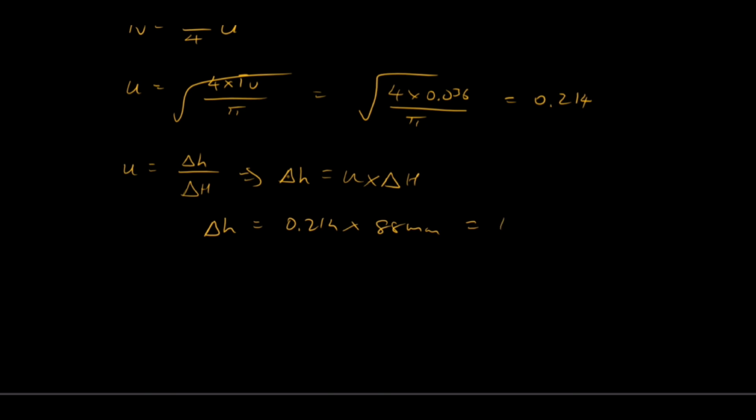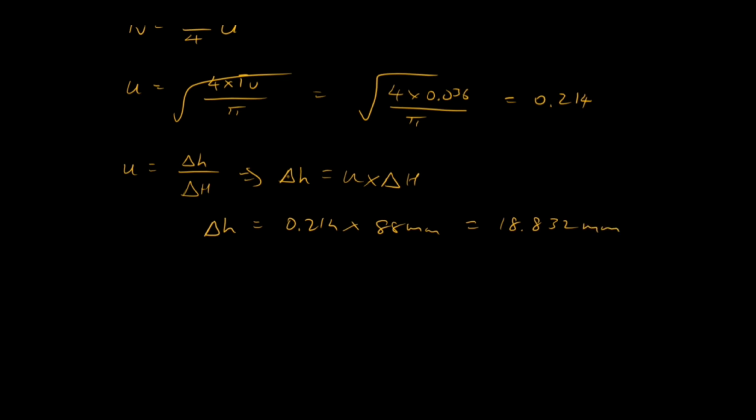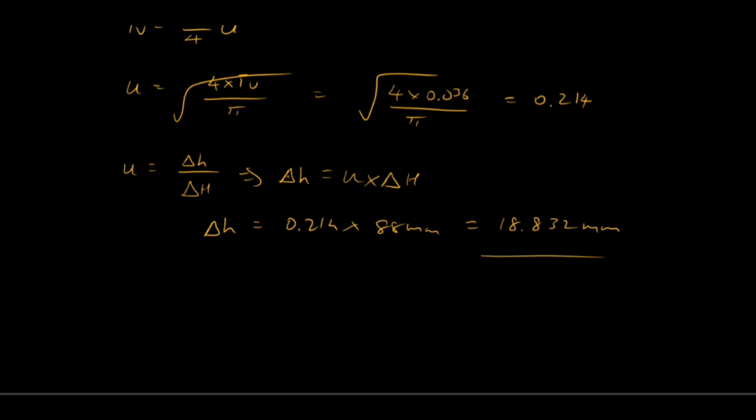Solving, we get 18.832 mm. So delta h is nothing but the overall settlement. So settlement after 10 years, with respect to 21.4% consolidation, we got 18.832 mm.